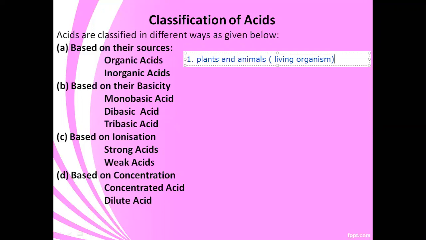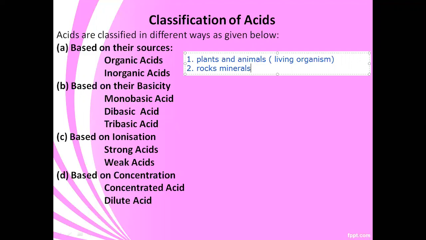The next one is inorganic acid. The inorganic acid is present in rocks and minerals. I don't write the organic acid and inorganic acid here, so I don't write it.